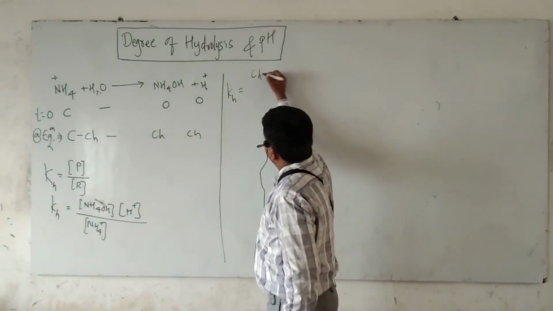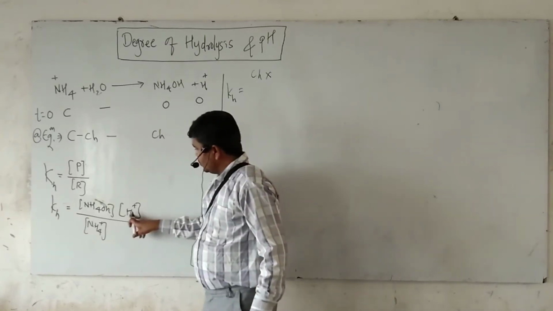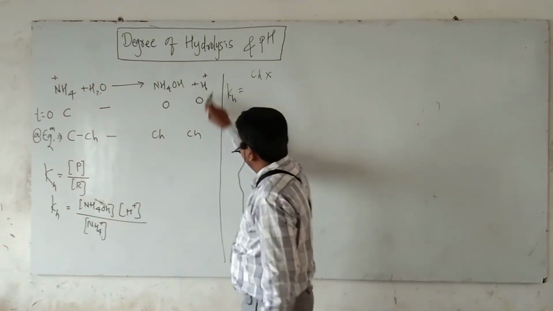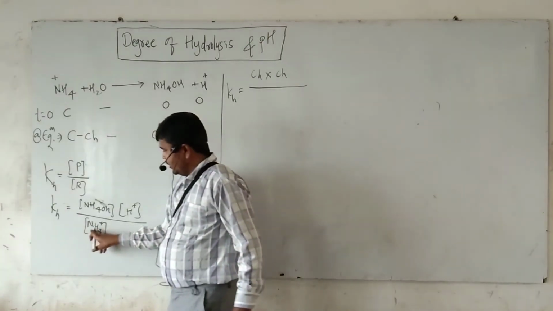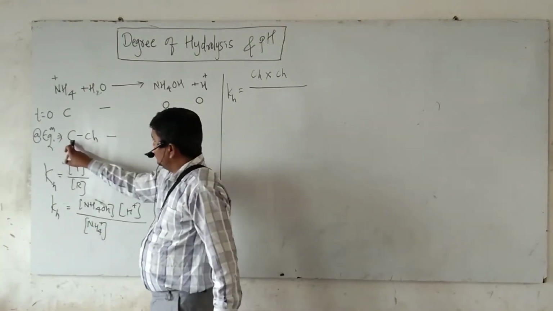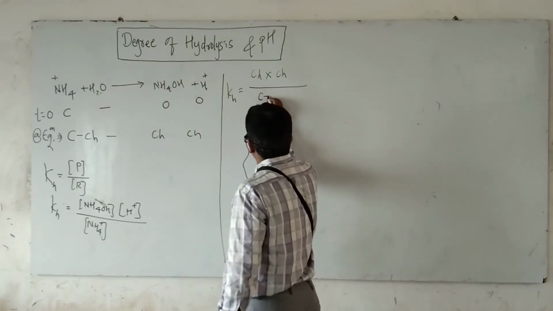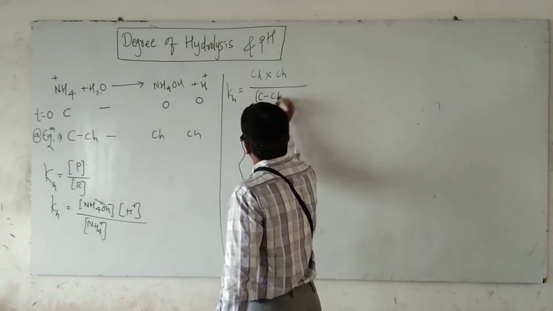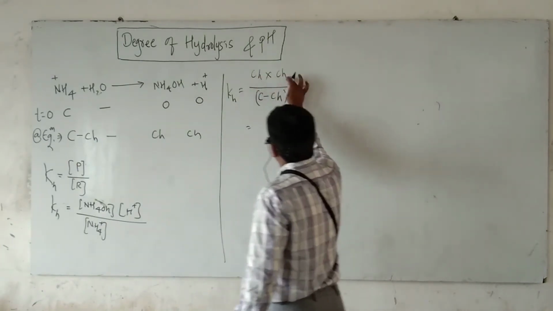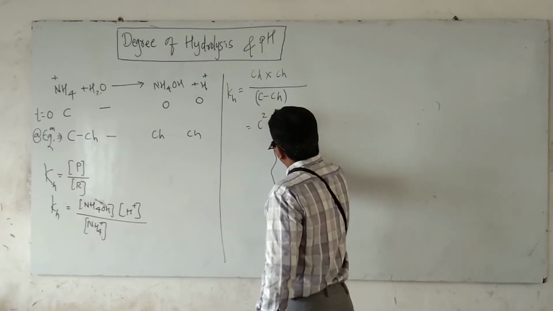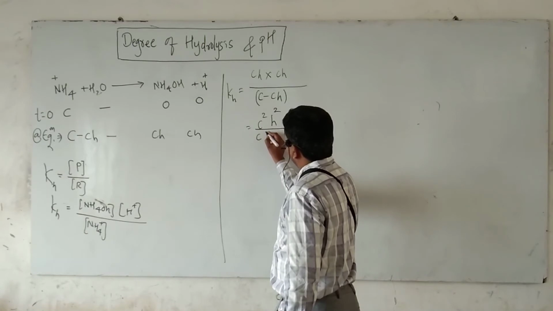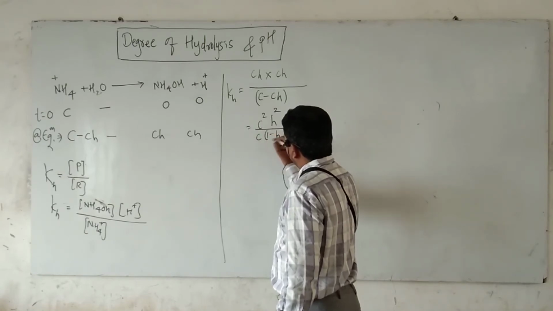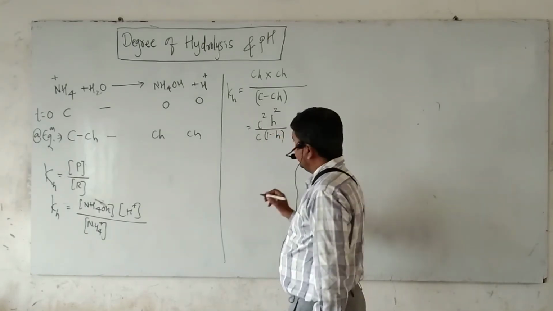So CH into the concentration of H plus, CH, upon the concentration of NH4 plus, C minus CH. So C minus CH. CH into CH, C square H square, upon, if C is taken as common, then 1 minus H. Right?